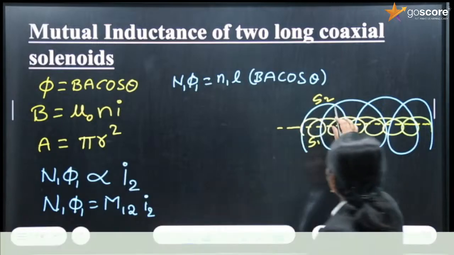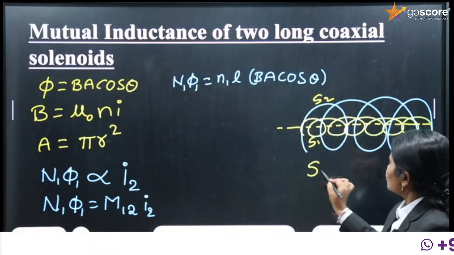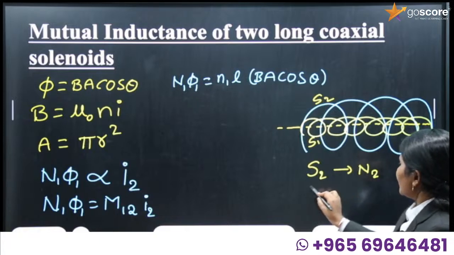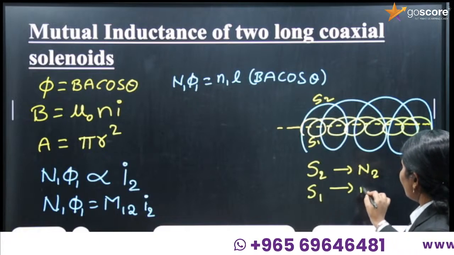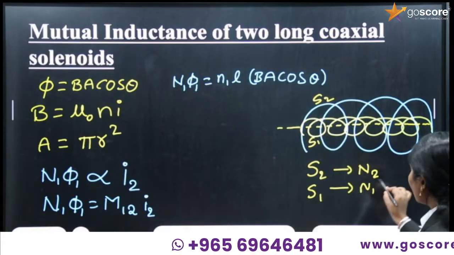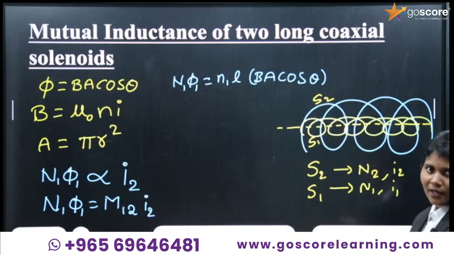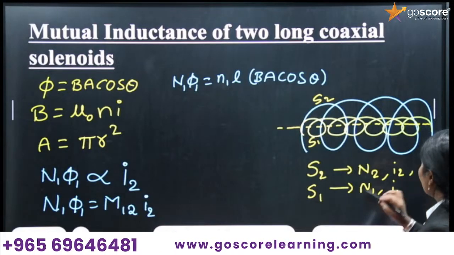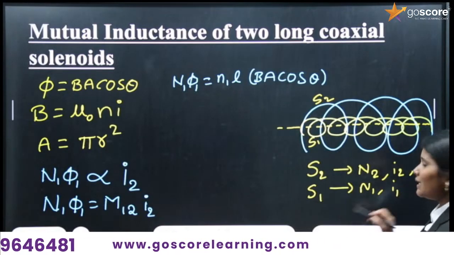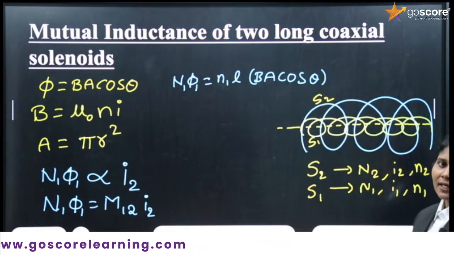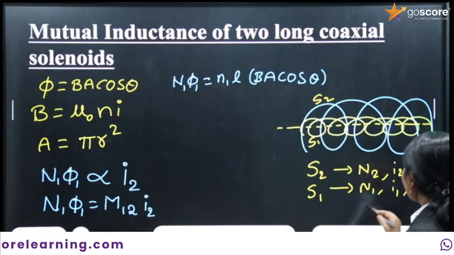For the S2 solenoid, the number of turns is N2, and for S1 the number of turns is N1. The currents are I2 and I1. The number of turns per unit length I consider as n2 and n1. Next, what about length?